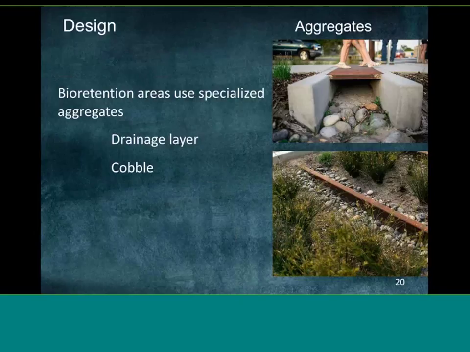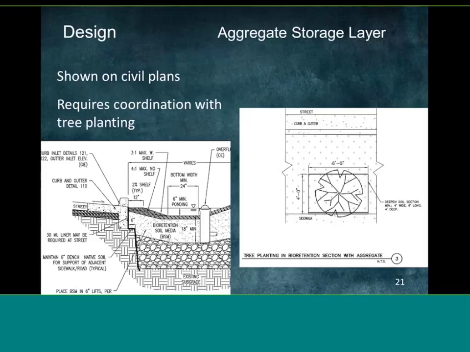And then there's also cobble that occurs at these energy dissipation points. So this aggregate storage layer is an important one to consider if you're designing a landscape that does have bioretention systems. If you look at the detail on the left, you can see 18 inches of bioretention soil media, and then beneath that is a drainage layer, an aggregate layer.